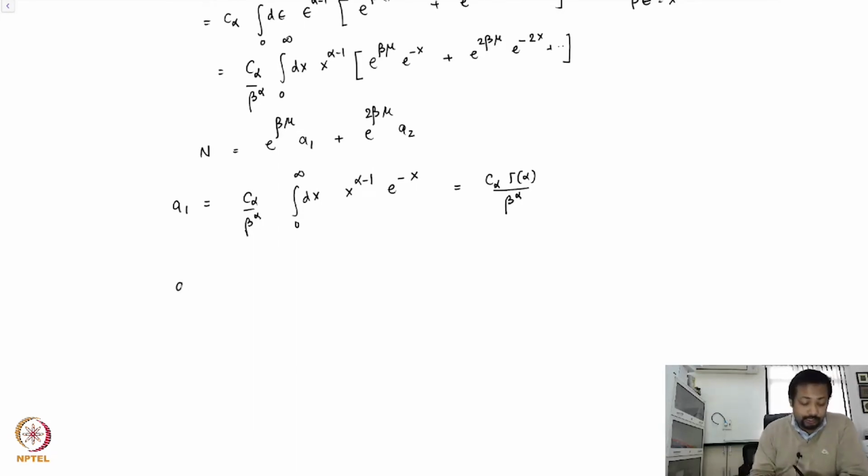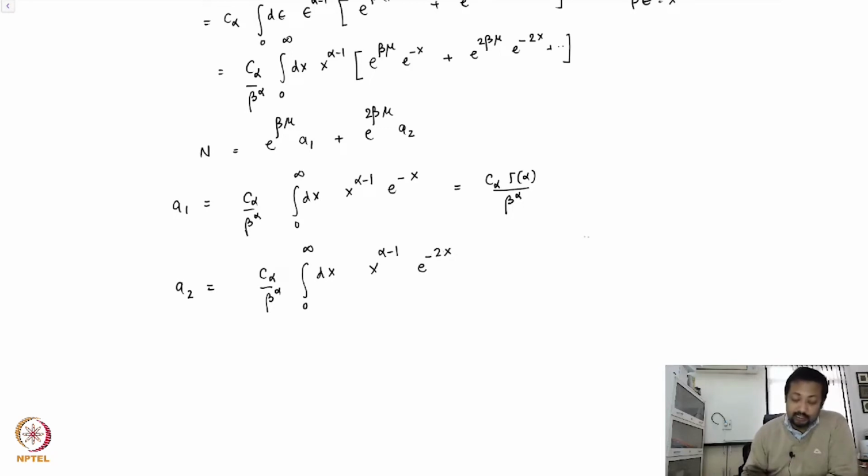What about a2? a2 is C_alpha over beta raised to the power alpha, integral from 0 to infinity dx x to the power alpha minus 1 e to the power minus 2x.